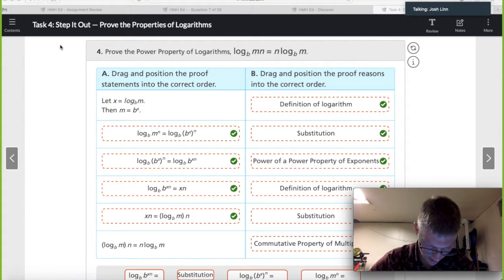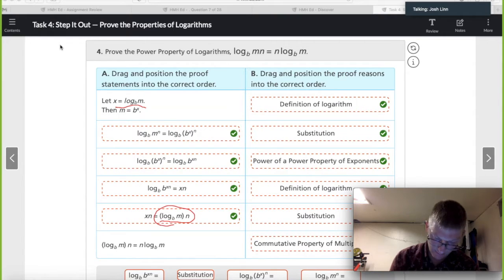Okay, so we've got our same thing here, but you'll notice that we have a log base b of b. By our definition of logarithm, that's going to equal just xn. And then we can sub our x equals log base b of m back in.